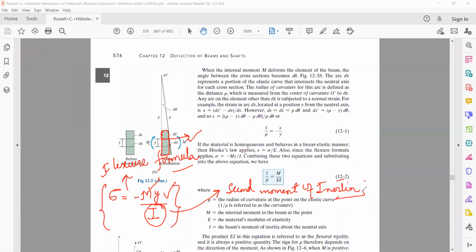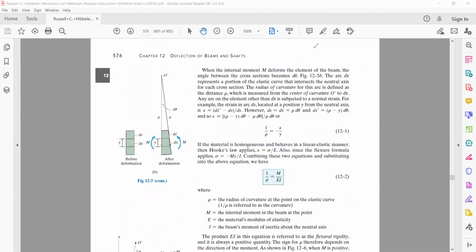Now if we try to join the two, we have the equation 1 by rho is equal to minus 1 by y into strain, that is, stress divided by Young's modulus.